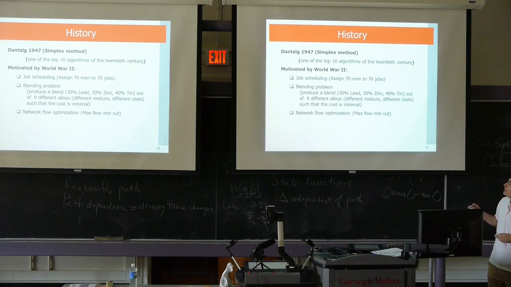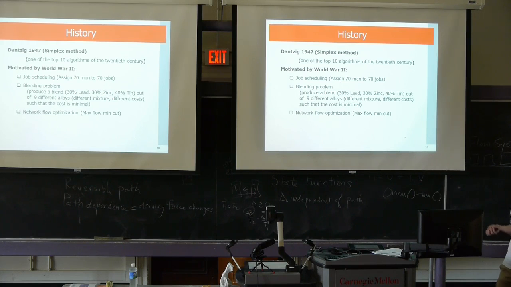These 9 different alloys might have different costs as well. So you want to purchase some quantity in such a way that your final blend has these percentages of the different materials, and you want to produce this at minimal cost.